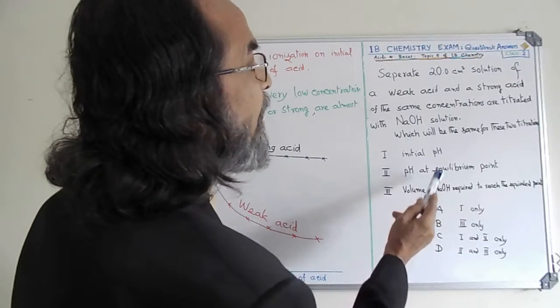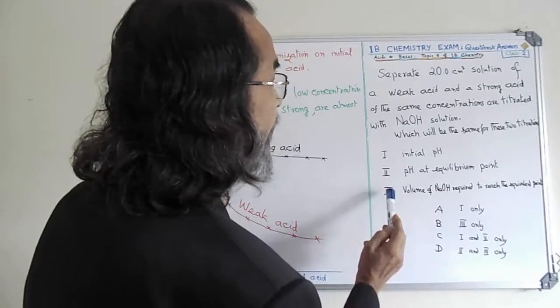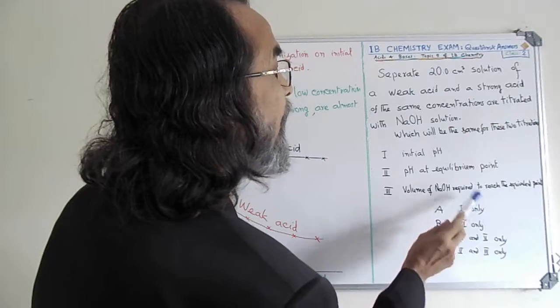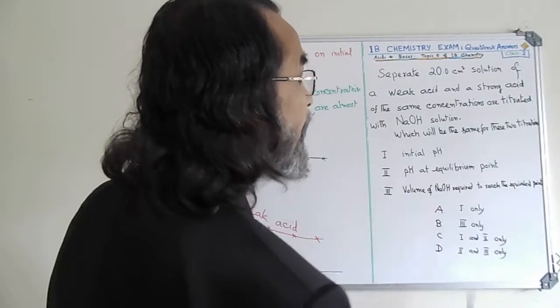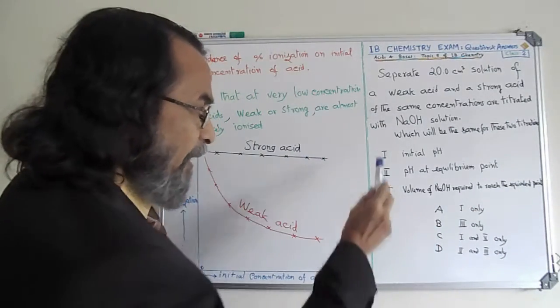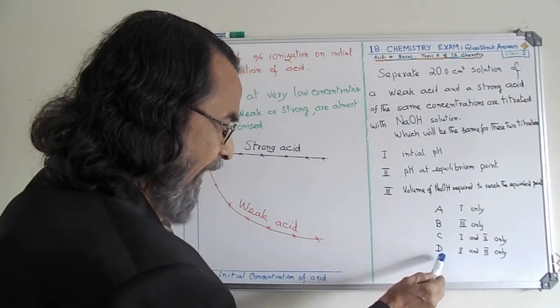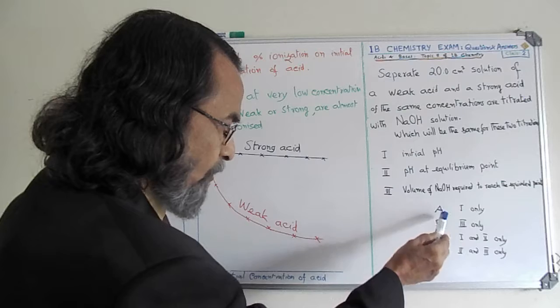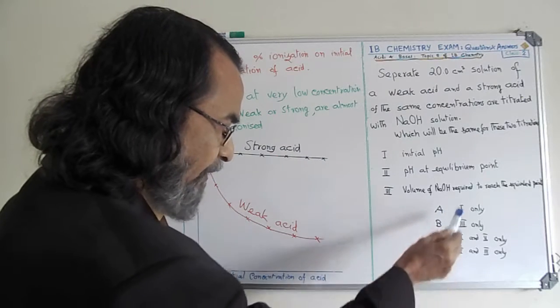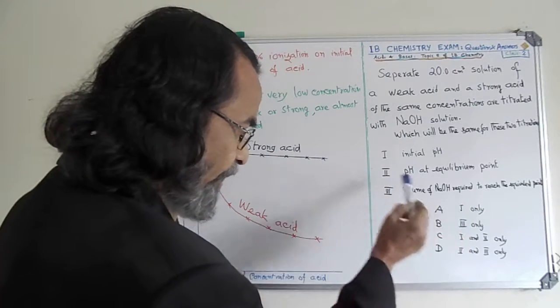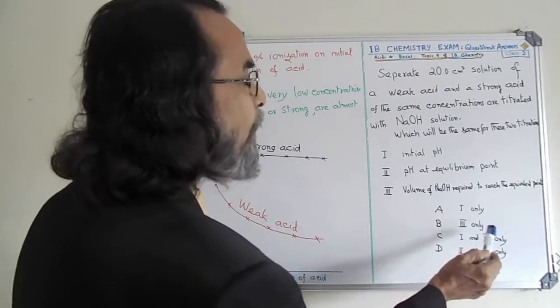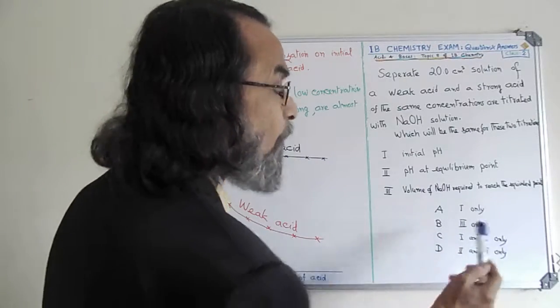Two, pH at equivalence point will be the same. And three, volume of NaOH required to reach the equivalence point will be the same. Among the three options, we have to arrive at the correct choice A, B, C, D: one only, three only, one and two only, and two and three only.